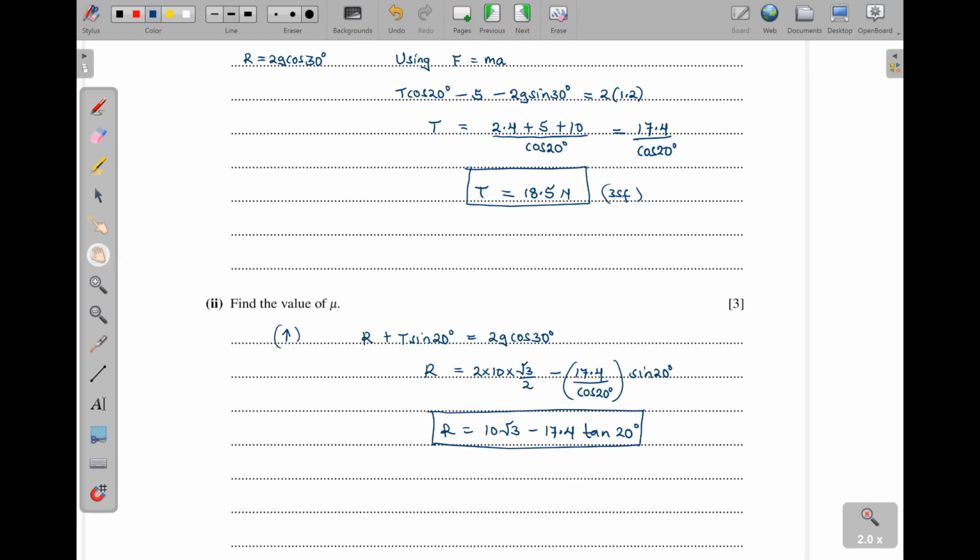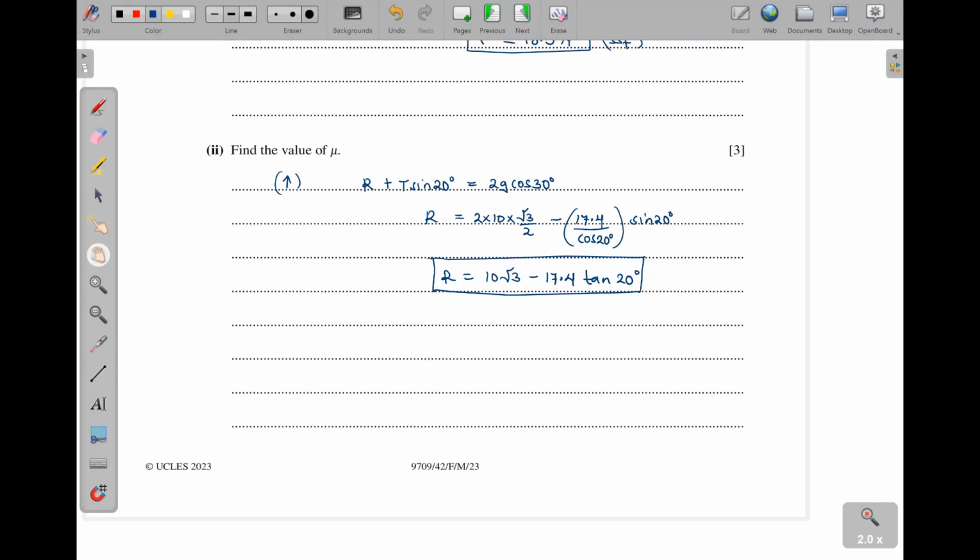But frictional force, we know that it is equal to mu R. So if F is equal to mu R and they want us to find mu, then mu will be equal to F, which is given as 5, divided by R, which we have gotten here as 10 root 3 minus 17.4 tan of 20.